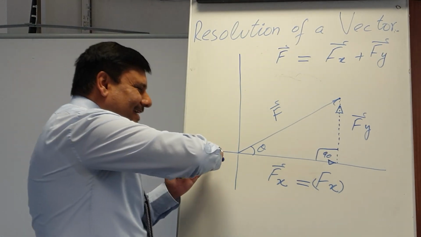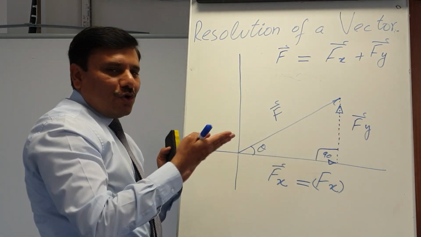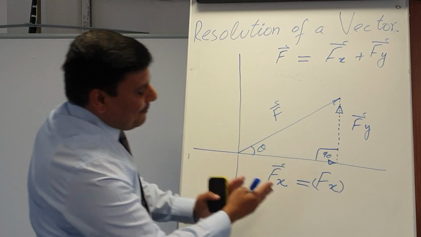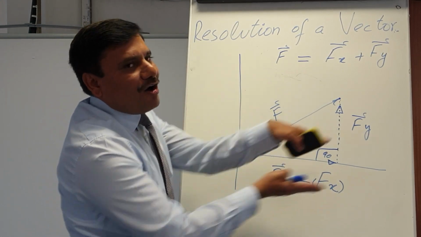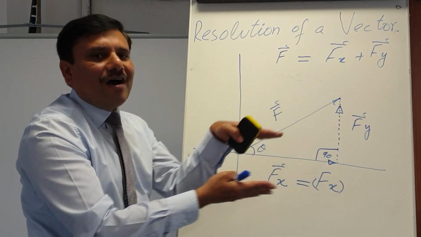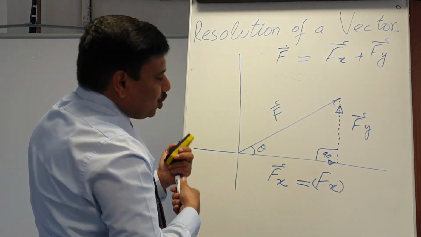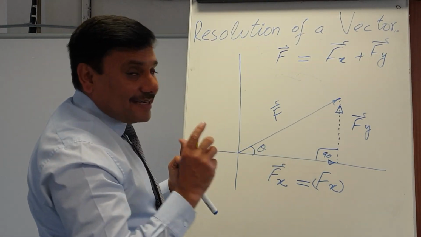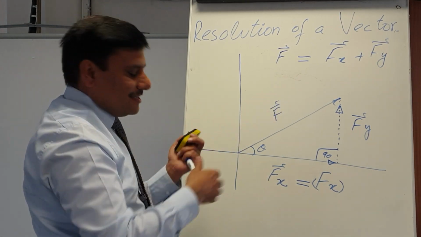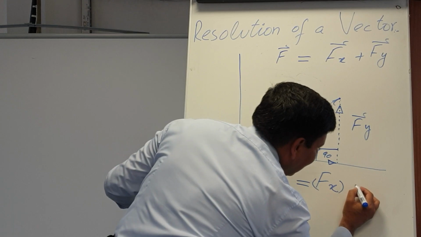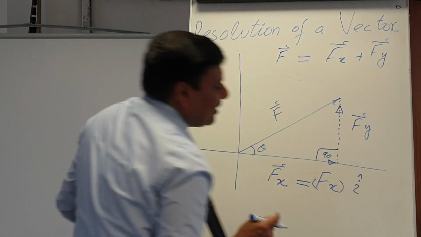You know that it is towards the x-axis. So, we can say the magnitude is Fx and the component of this vector is along the x-axis. So, its direction is along the x-axis. There is a vector which represents a direction along the x-axis, and that vector is called the i unit vector.